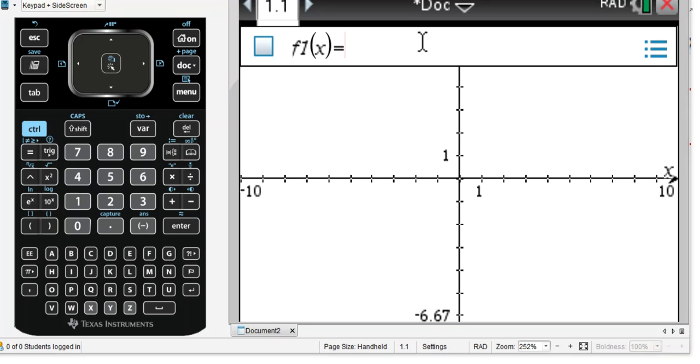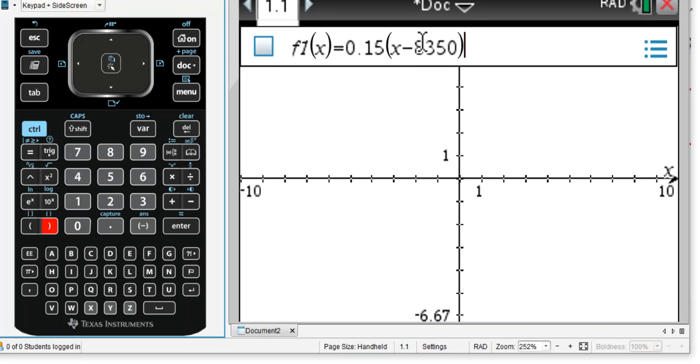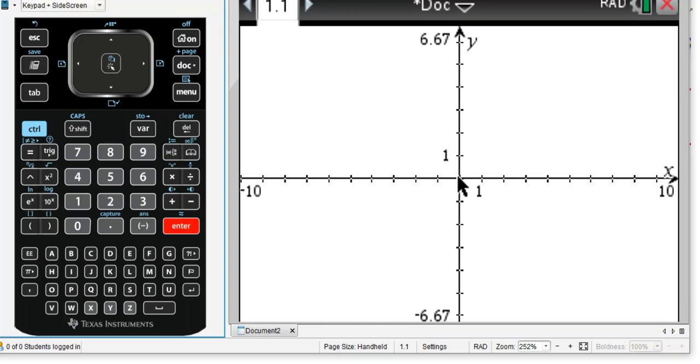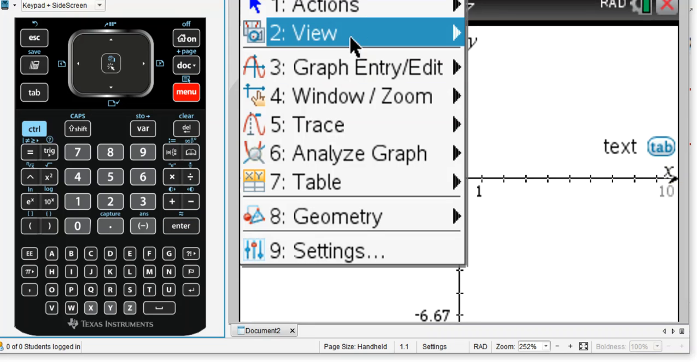And the equation was 0.15 parentheses x minus 8350, close the parentheses, plus 835, and press enter. Now we don't see anything on this page because the graph doesn't fit in this tiny window from -10 to +10 and so on. In fact, our domain was really all of the x values from 8,000 up to 60,000, so that's way off to the right. So let's go ahead and establish that.